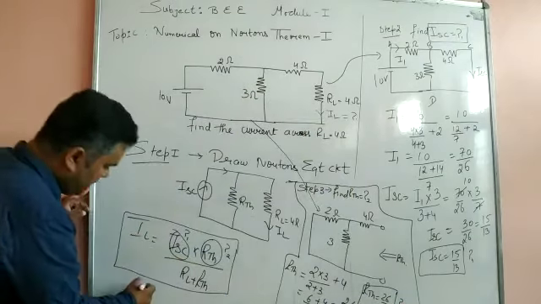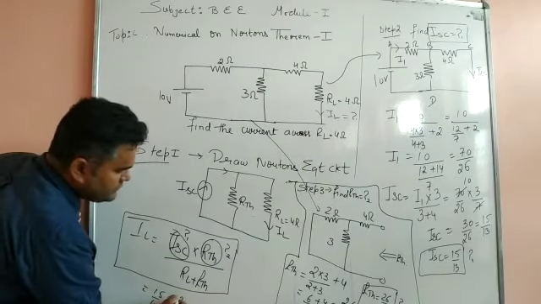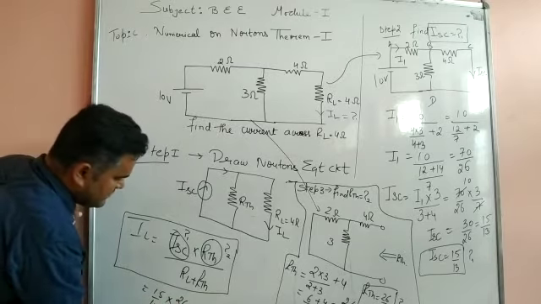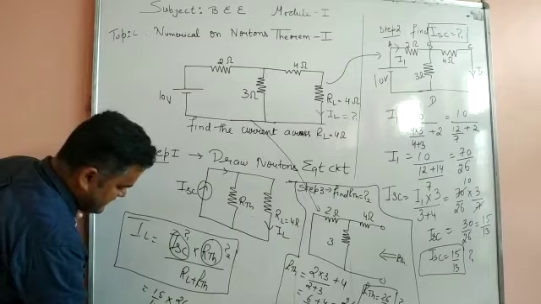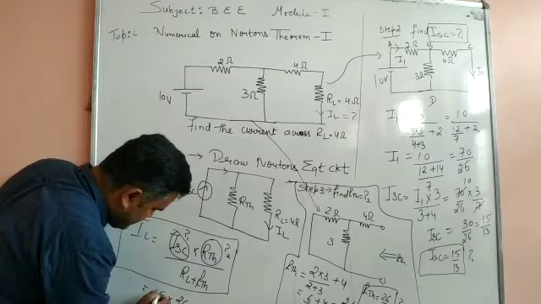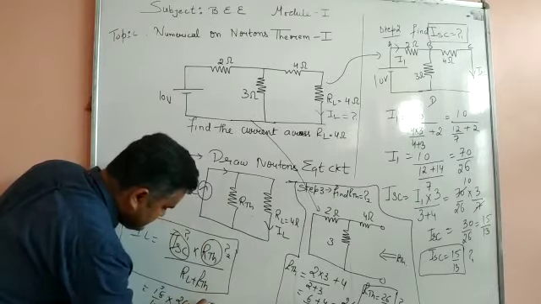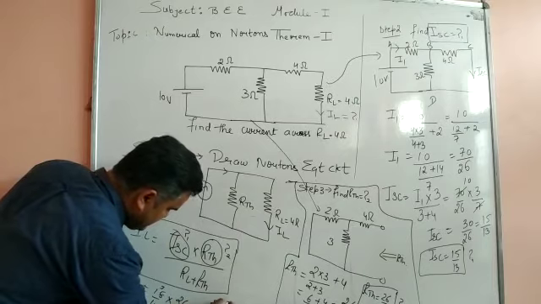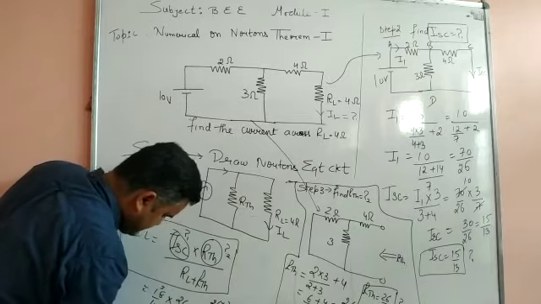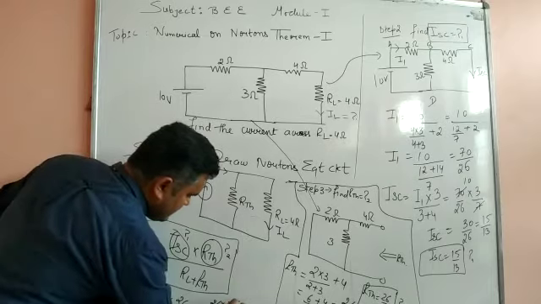Put the values of question mark number 1, that is 15 by 13, into 26 by 5, divided by RL, that is 4, plus RTH. RTH is 26 by 5. Now you can calculate. 4 plus 26 by 5 is 46 by 5.